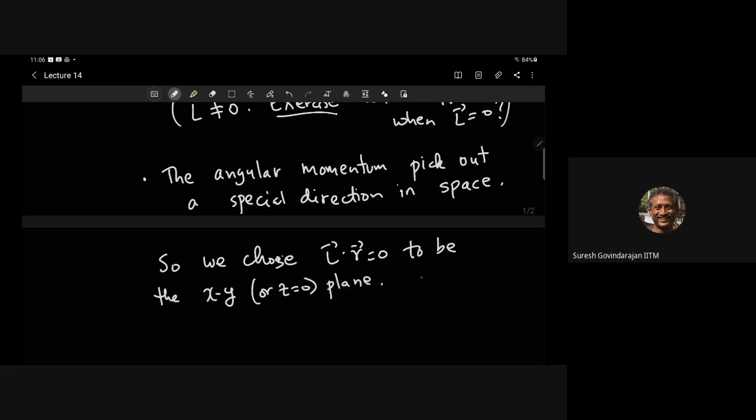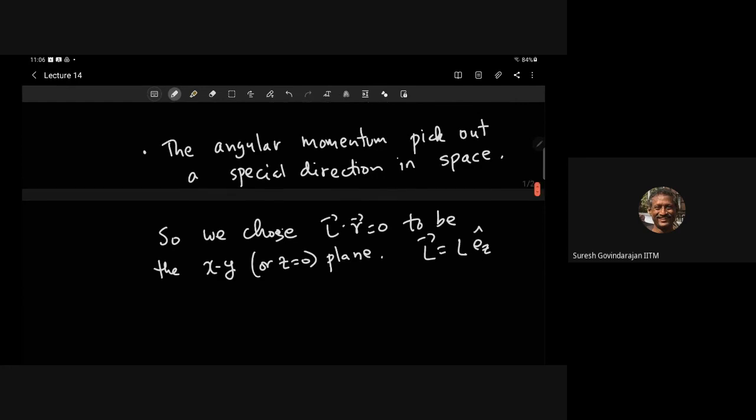That means we chose L along the z direction, and this is just the theta equal to pi by 2 plane.